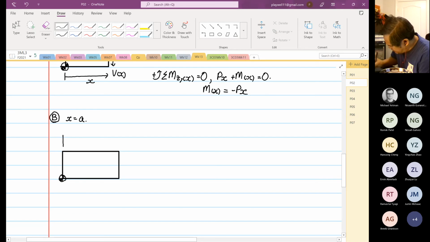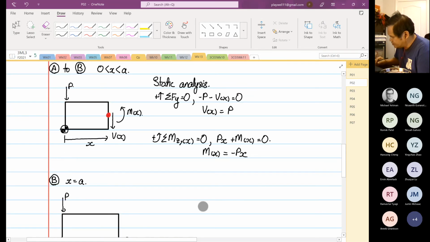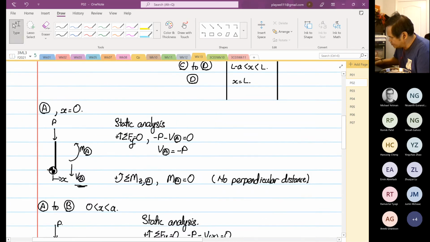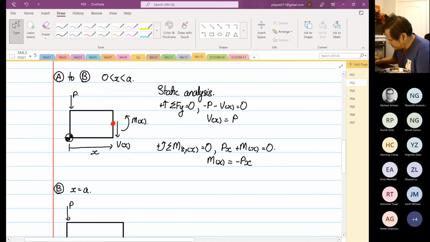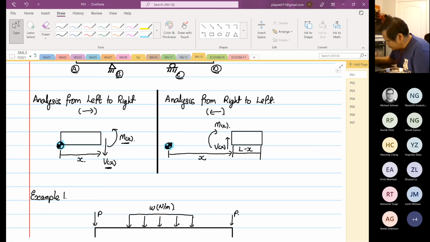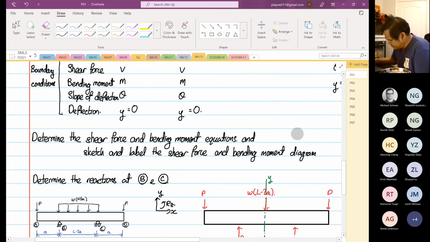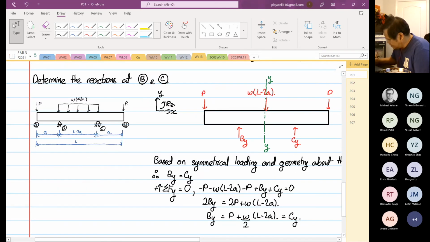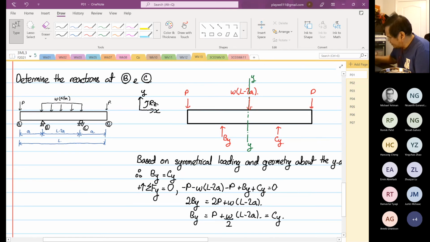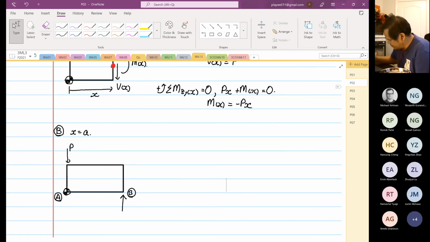Now this is P, right? And this is at point B. So this is our point A. Our point B now. Now at point B, we have a reaction down here. And that reaction we calculated is equal to P plus omega over 2.